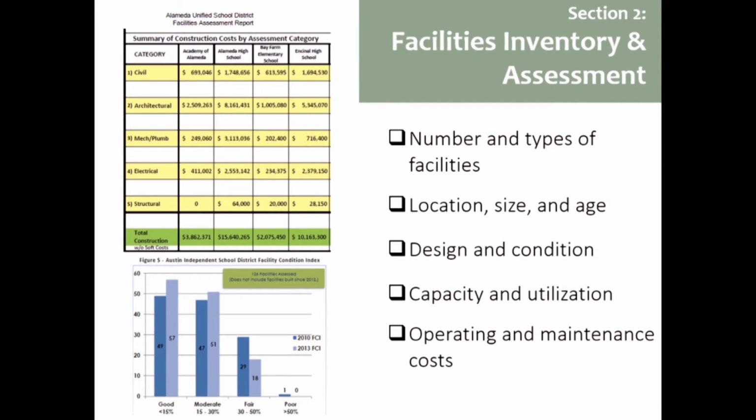In Section 2, the school district provides extensive background data and information on facilities. Included in this section are assessment of facilities condition, design, capacity, and utilization, as well as the cost to maintain and operate each facility.